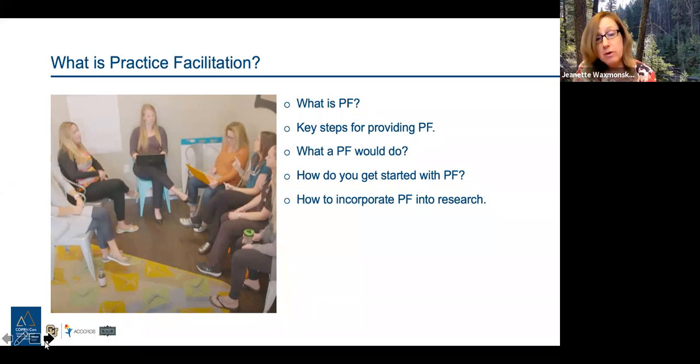We do know there is a research base for this. We do know it helps maintain sustainability of interventions. We also know it helps with cost effectiveness, that you can get a return on investment in particular studies for using practice facilitation.